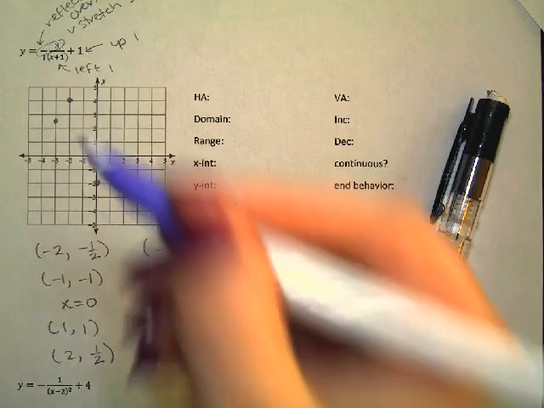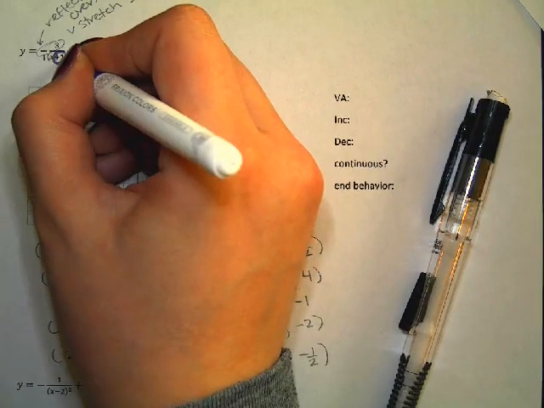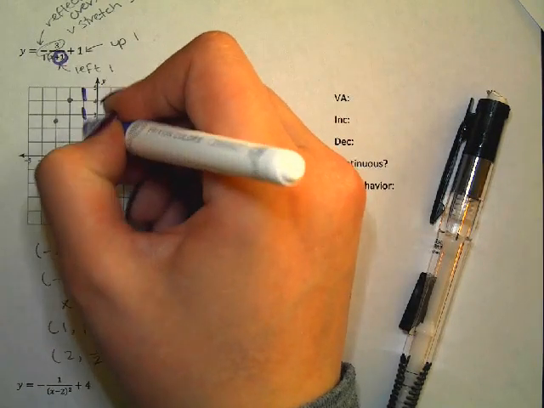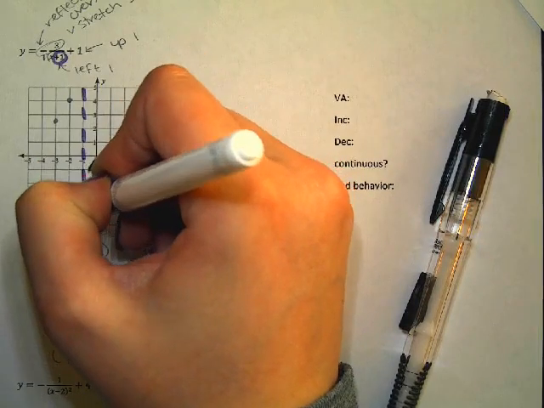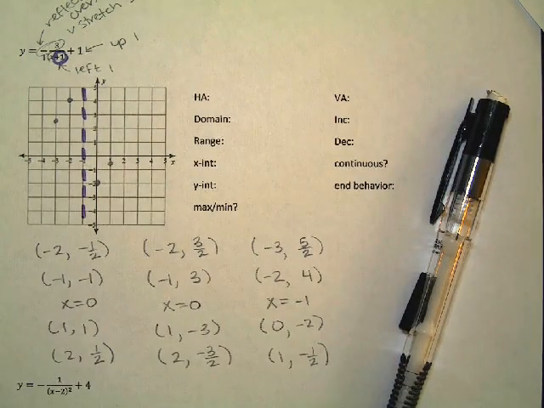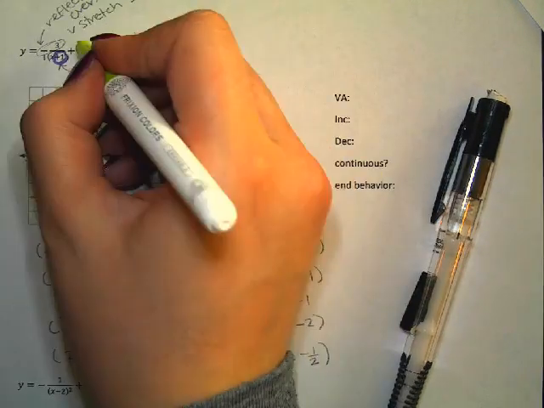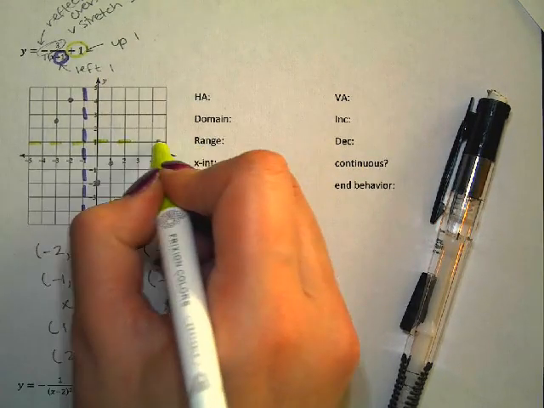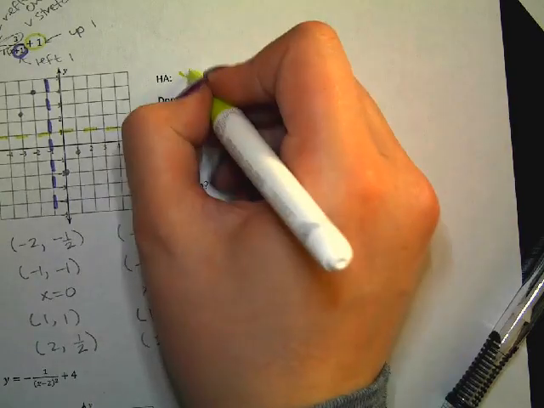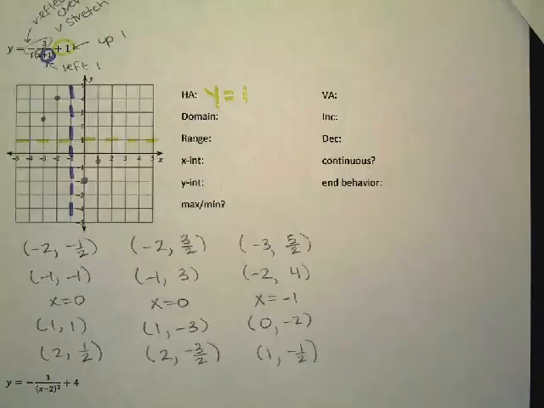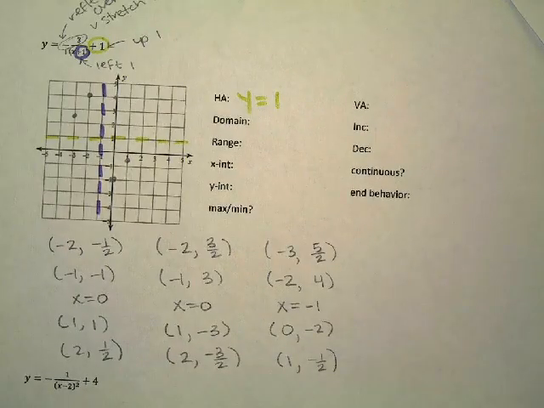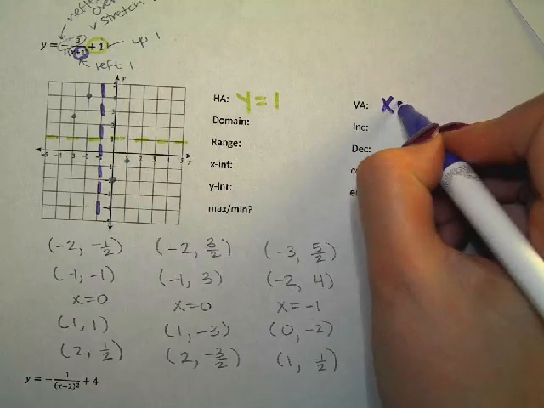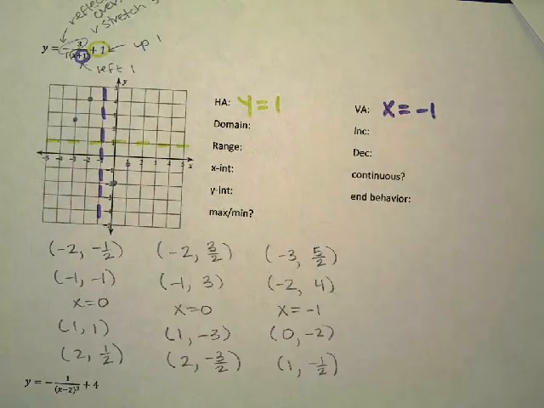And I can go ahead and draw in the asymptotes. I found one of them in the table, but I could have found it from the graph. And then this one. So y equals 1, x equals negative 1.